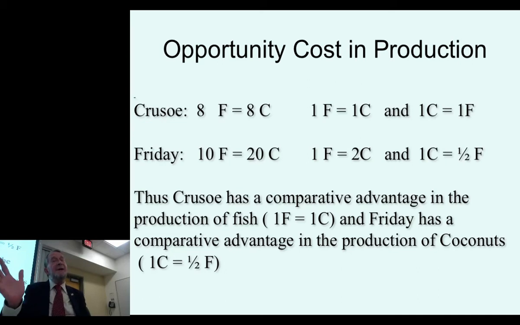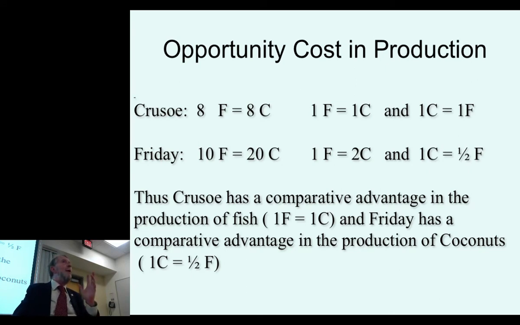And then if we turn our attention to gathering coconuts, we notice that Friday has a comparative advantage because his ratio is 1 to 1/2, whereas Crusoe's is 1 to 1. The cost to Friday of gathering a coconut is a half a fish because his relative ability is 1 fish for 2 coconuts.